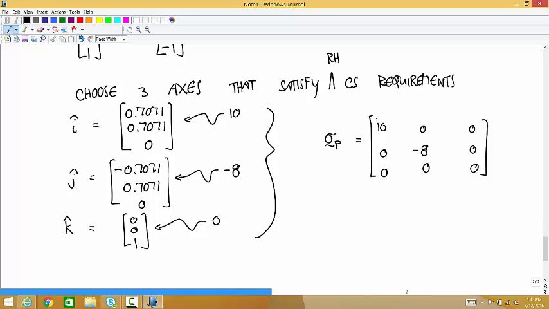We have a whole bunch of options of what to choose as what axis. What if we would have chosen this to be our x-axis, this to be our y-axis, and this to be our z-axis? We could have done that.